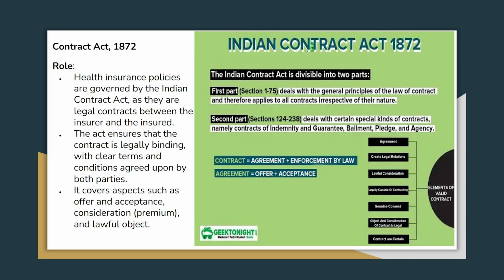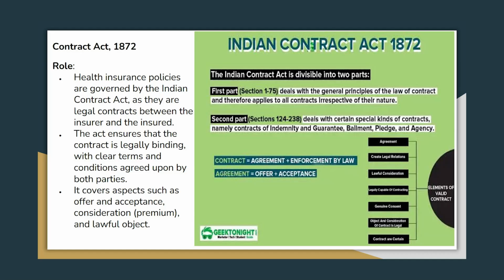The first part, section 1 to 75, and the second part, section 124 to 238, provide the general principles of contract whenever two parties come to have some contracts between them, and the guarantee, bailments, pledge and agencies will be guided by these two parts of the Indian Contract Act.